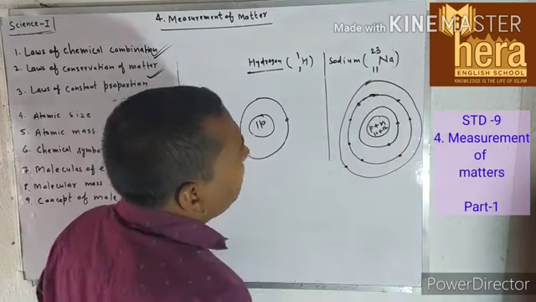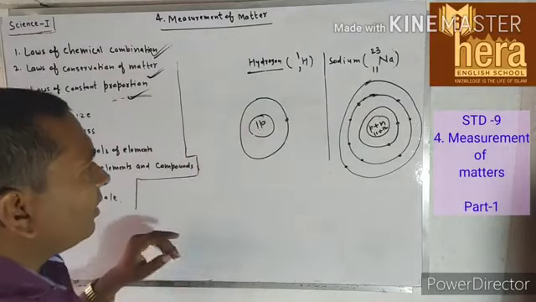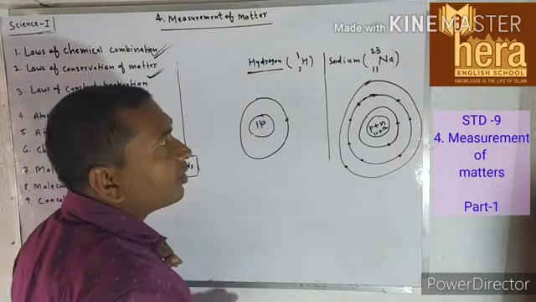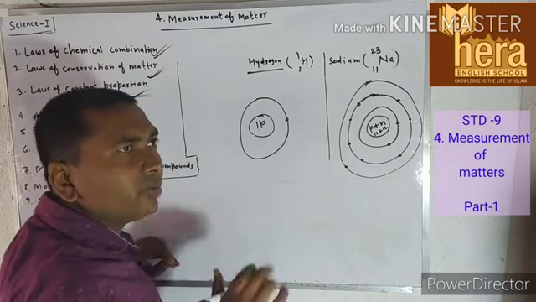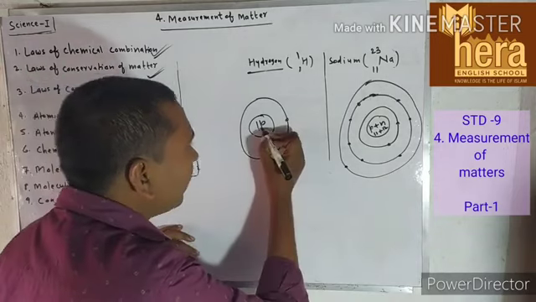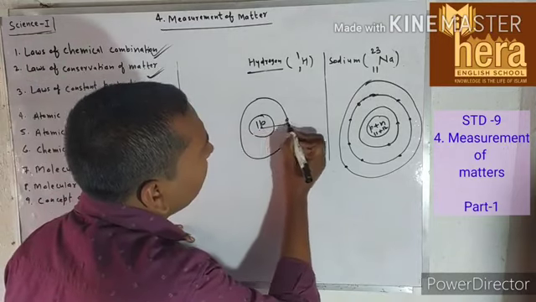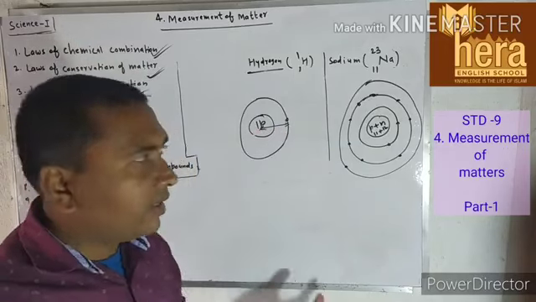Okay, so atomic size. Before atomic size, first of all you have to understand atomic radius. What is atomic radius? The distance between the nucleus and the outermost shell is known as atomic radius.